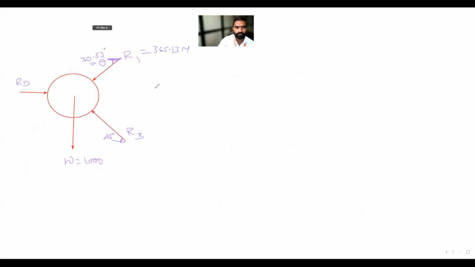You know R1, you know weight, you don't know RD and RB. So what will you do? I will draw the free body diagram like this. So this is RD. Then there is a vertical force, weight, and RB is passing like this, and R1 is passing like this. Next, I will write all the values.